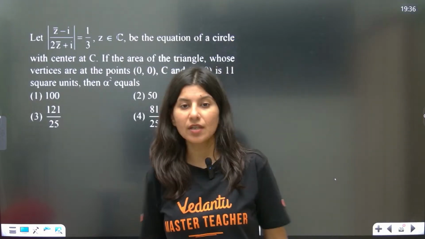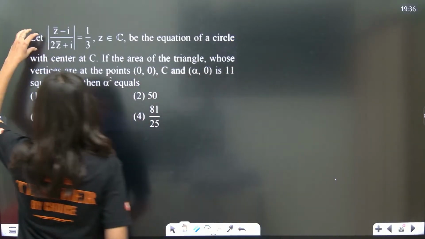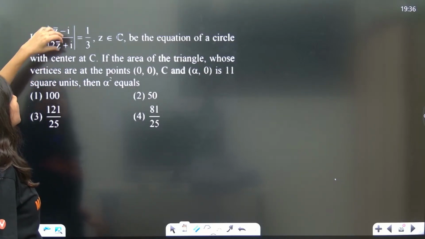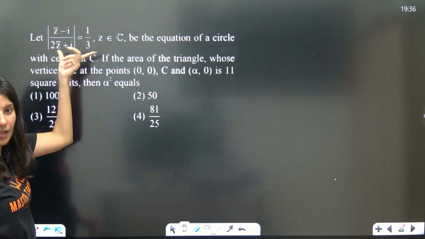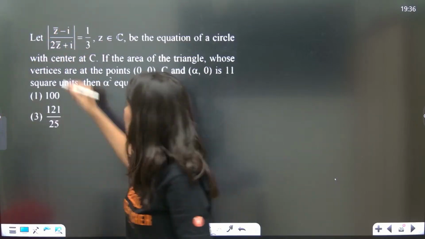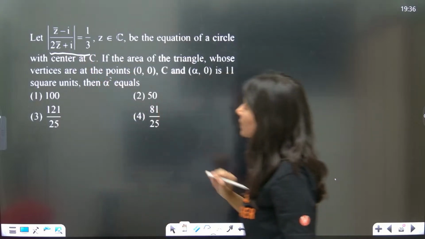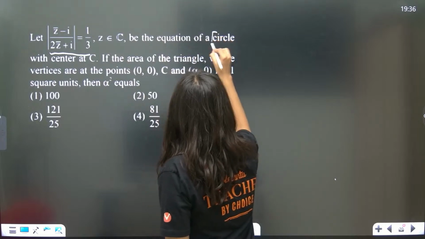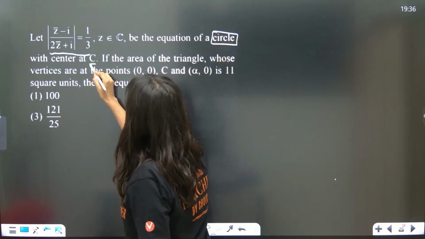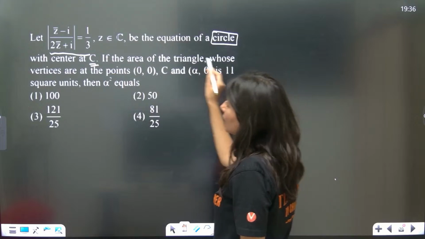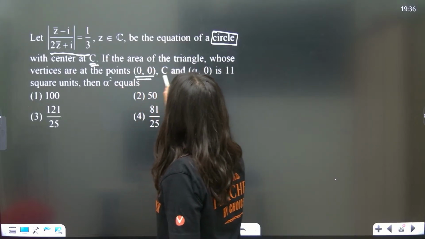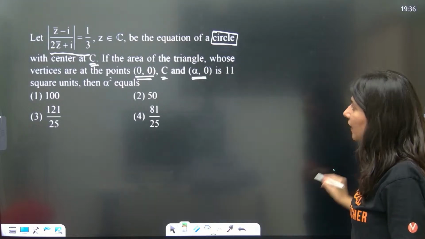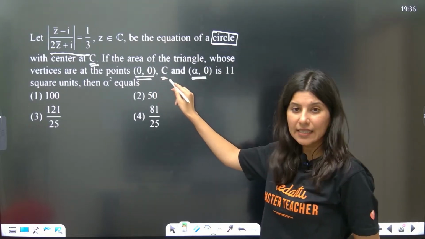Next question on your screen. Okay, next question. Let mod of z bar minus iota upon 2 z bar plus iota is equal to 1 by 3. Okay, so this is the expression. Let this be the equation of a circle with center C. If the area of the triangle whose vertices are the points 0, 0, C and alpha, 0 (origin, C and alpha, 0) is 11 square units.